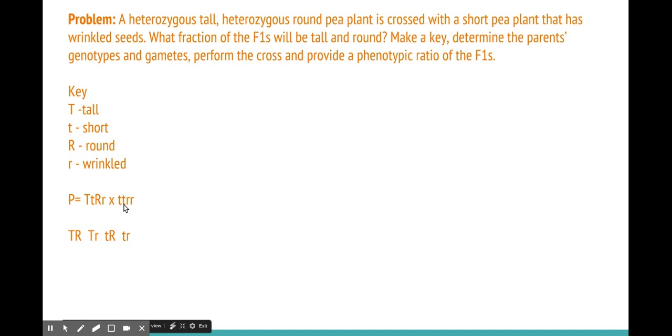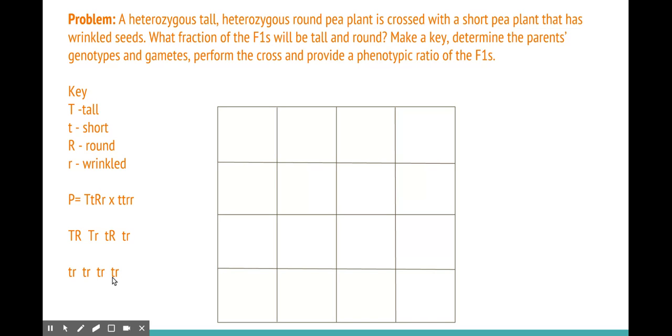A third gamete combination would be the second t in the genotype for that short pea plant combining with the first little r. And the fourth would be a little t, a little r, the last of those in the genotype. There they are. Not very exciting, not very different from each other, but that's probably true for a lot of the different genes that we have too. We don't have any variation inside of our cells. I like having a 4-chambered heart.